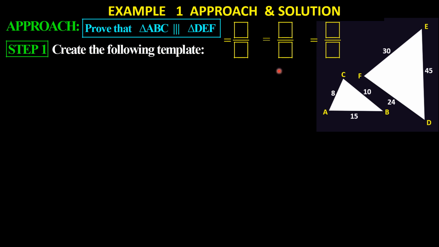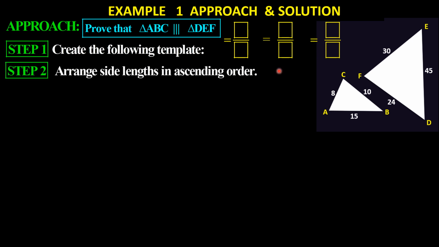Now what you need to do is arrange the side lengths in ascending order. So take one triangle and arrange the three sides from the smallest to the largest. That is 8, 10 and 15. And the other one is 24, 30 and 45, right? So we take the three sides in ascending order and populate our template that way.